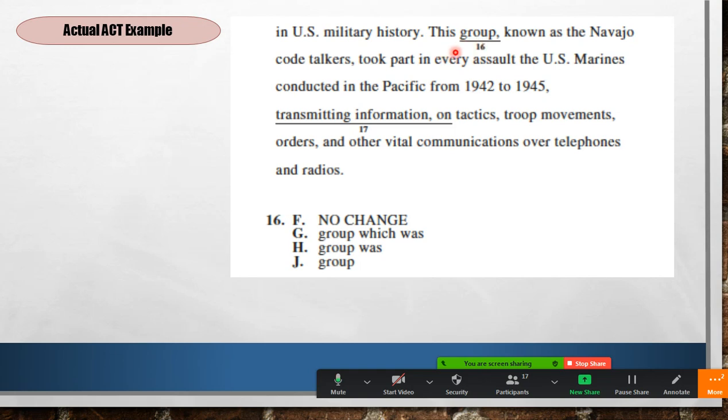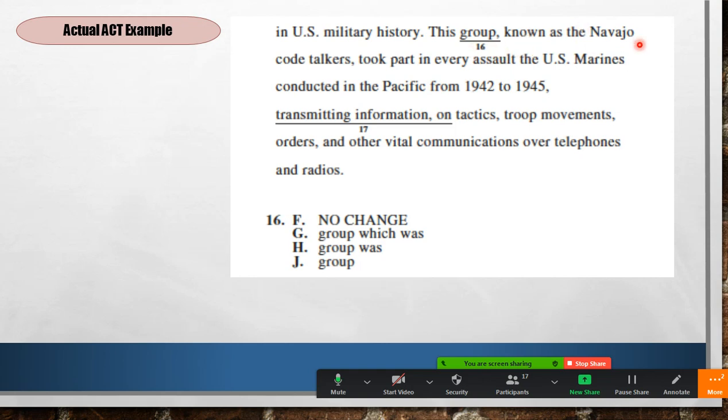This group known as the Navajo Code Talkers took part in every assault the U.S. Marines conducted. So if we speak about this part, do you think this part doesn't need a change? So you will choose F, or the correct thing is to write the group which was, then comma, known as? Or the group was, comma?